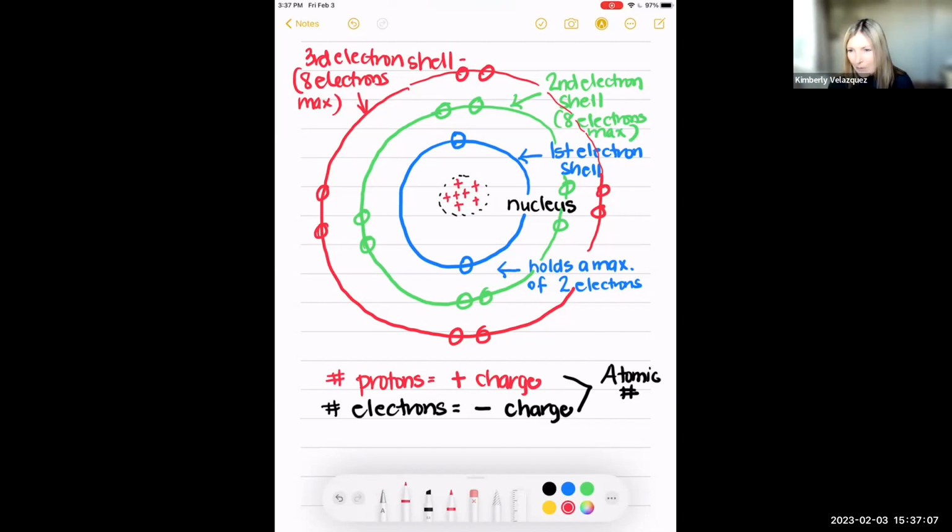It's not equal to the number of electrons plus the number of protons. So carbon is atomic number 6. That means carbon has 6 protons and it has 6 electrons.